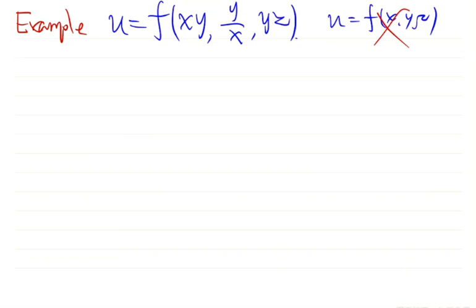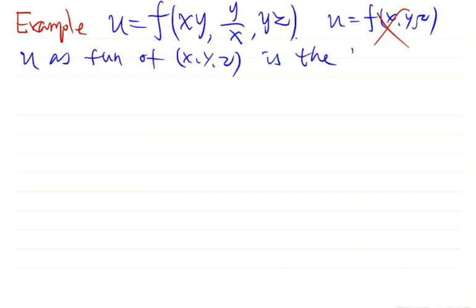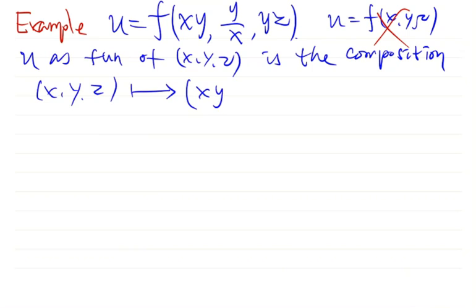This means this function u as a function of x, y, z is the composition. First, x, y, z is mapped to the point xy, y over x, yz. Then this point is mapped to u by f.